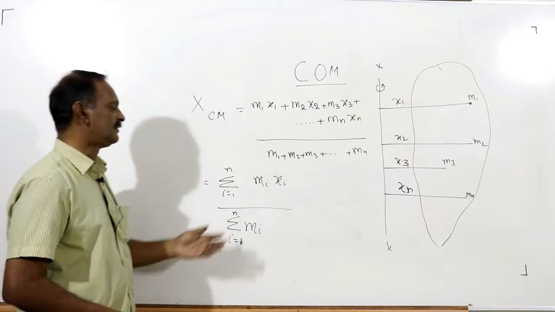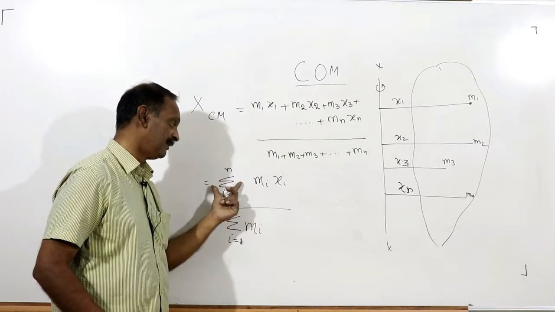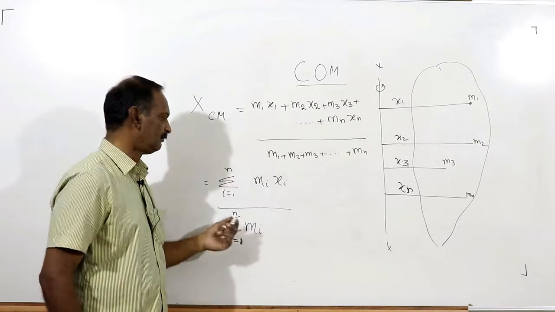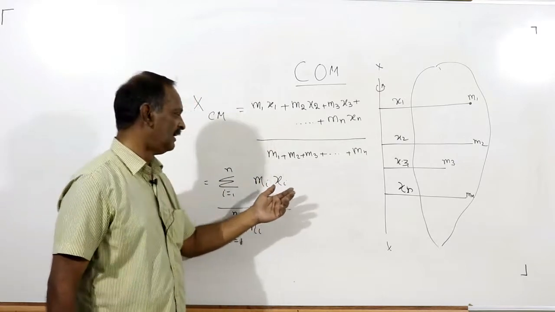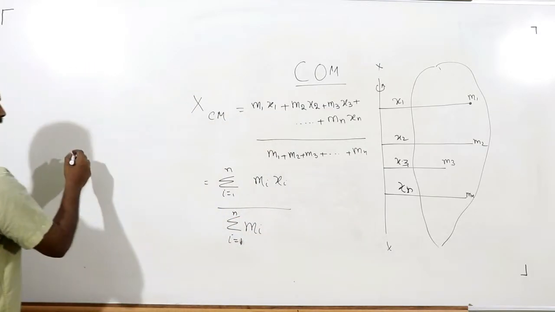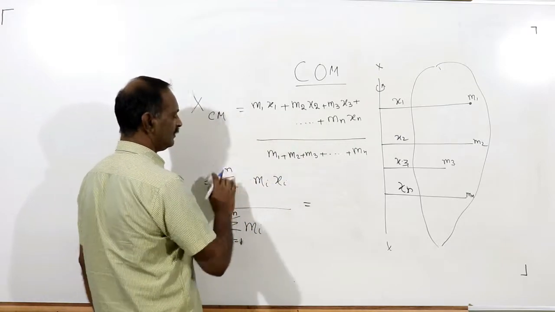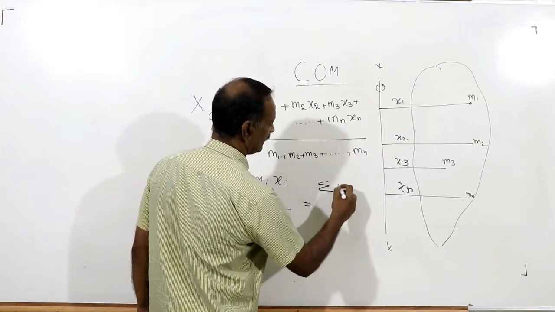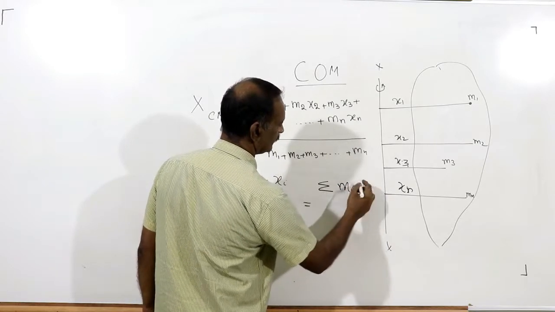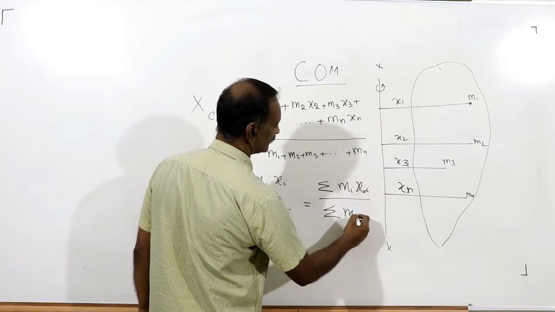It means first put i equal to 1, m1 x1, plus, summation means plus, put i equal to 2, m2 x2, plus, put i equal to 3, m3 x3 and so on. So we can write mi xi divided by sigma mi.